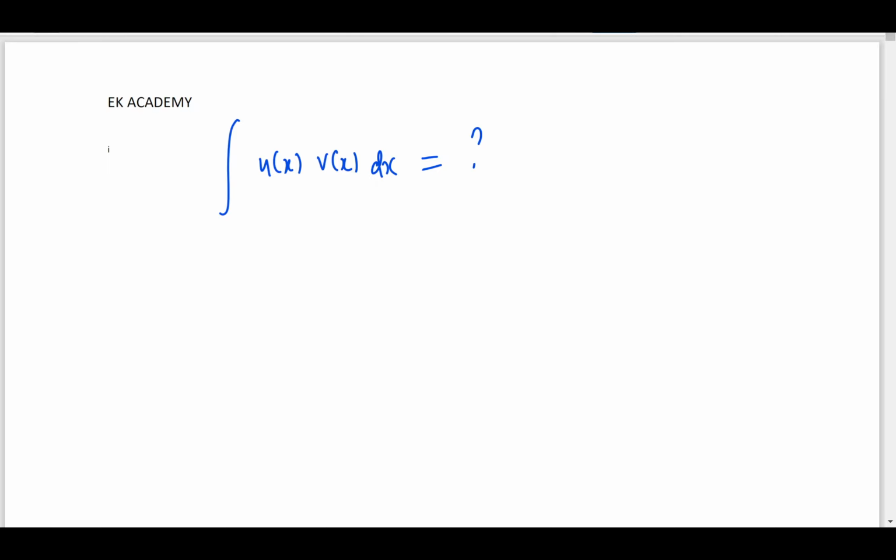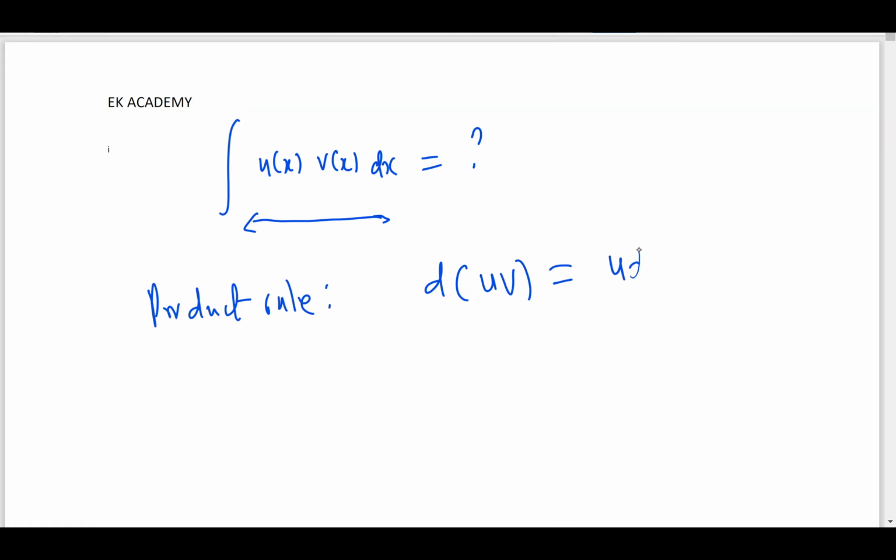Normally, the integration of this kind of function comes from, mind you, differentiation being the opposite of integration. You remember the product rule from differentiation: derivative of uv equals u dv plus v du.